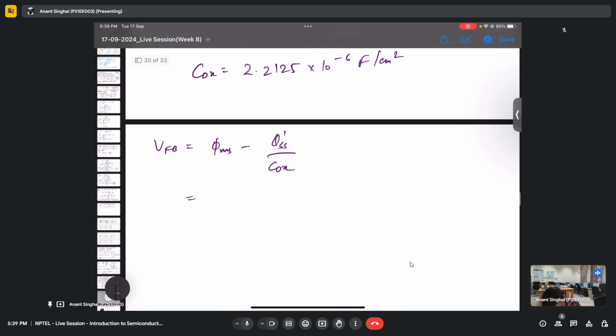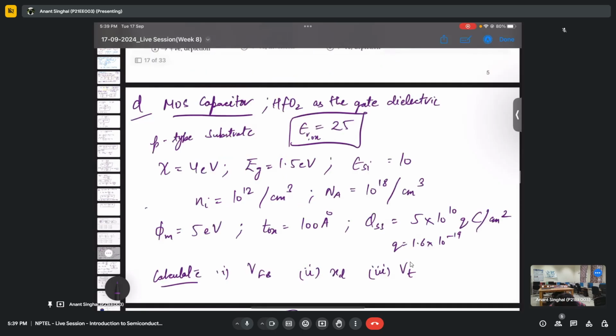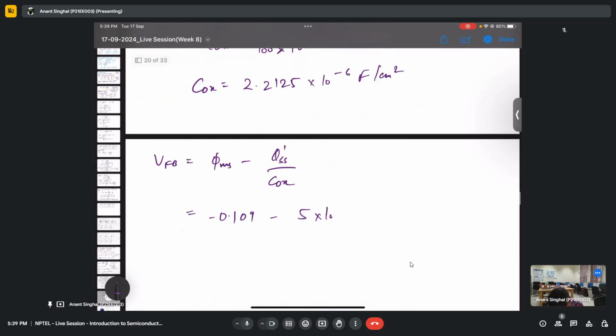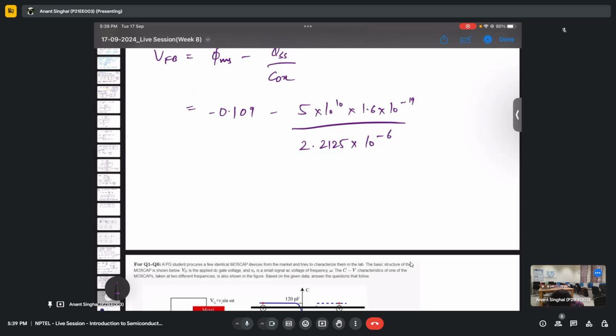Phi_ms was minus 0.109, and the trap charges are 5 times 10 to the 10 into q. These are the trap charges, and this is Cox, which is 2.2125. So this will be V_FB.